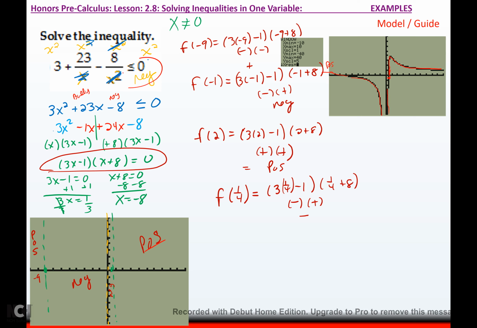Now they just want the negative parts, which will be here and here. So the negative goes from -9 to 0, union 0 to 1/3. There's where it's negative. Okay?